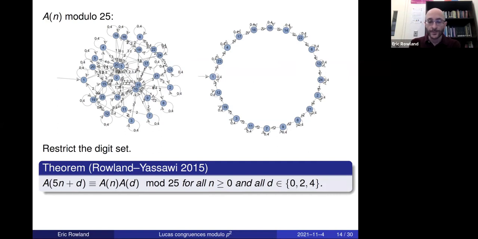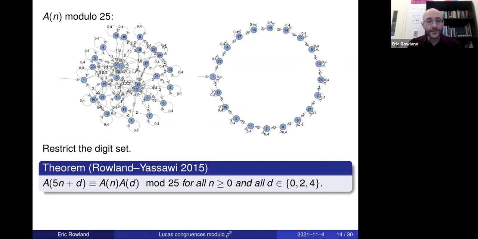So ignore all those. If all of your base 5 digits are 0s, 2s, and 4s, then it does correspond to this very nice cycle. There is a Lukács congruence modulo 25. This is powers of 23 modulo 25, I guess, where reading a 0 or 4 doesn't change the value, and reading a 2 multiplies by 23.